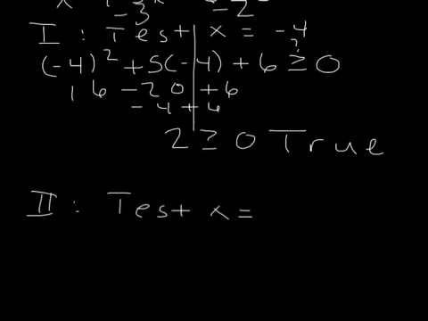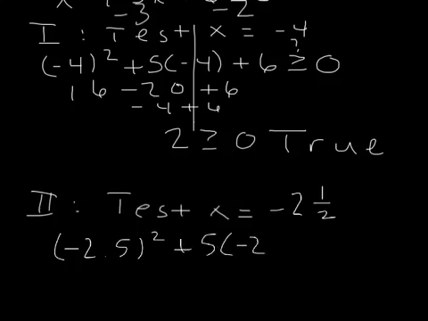So let's do x equals -2.5. And really, all we need to do is determine if, when you plug it in, it comes out greater than or equal to 0. So you don't actually have to do this all the way out, although maybe I should. Plus 5 times -2.5 plus 6, and we're trying to determine if that's greater than or equal to 0.